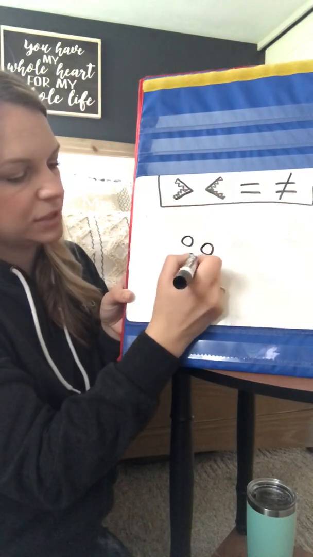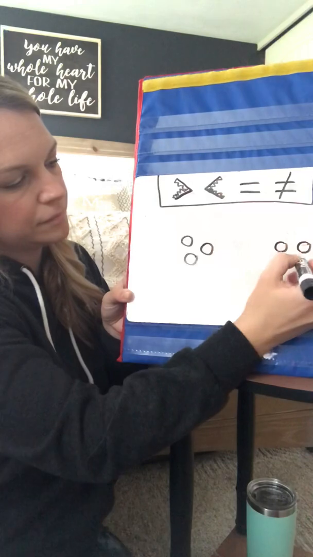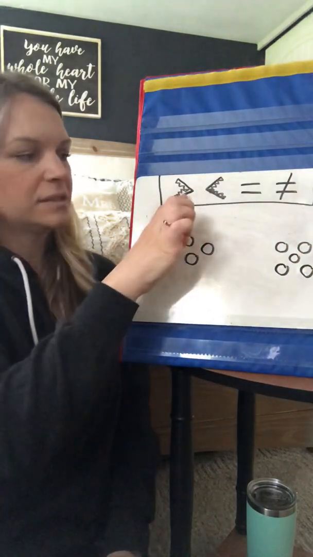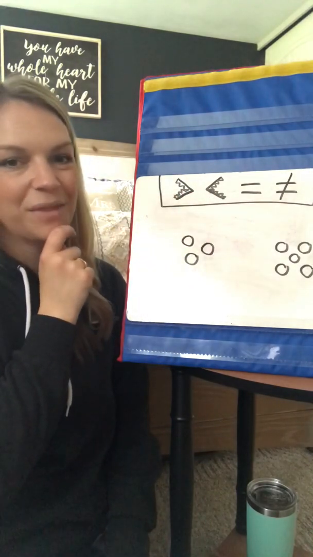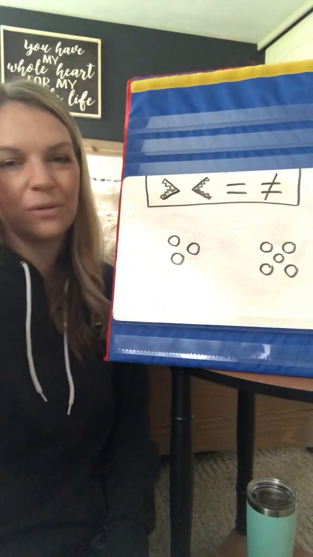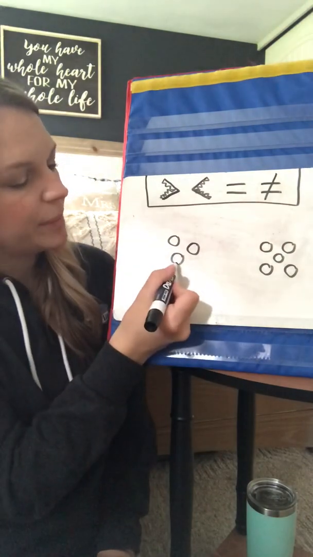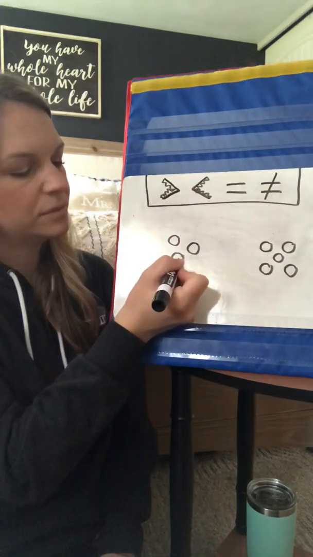So let me draw a picture here again. Okay, now I know it is so much fun to draw the teeth in our symbols, but we're not actually going to draw those when we're doing our math. That's just a way for you to remember, okay? So if we look here, how many dots do we have on this side? Let's count. 1, 2, 3.